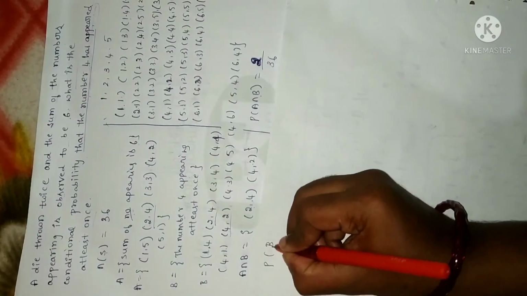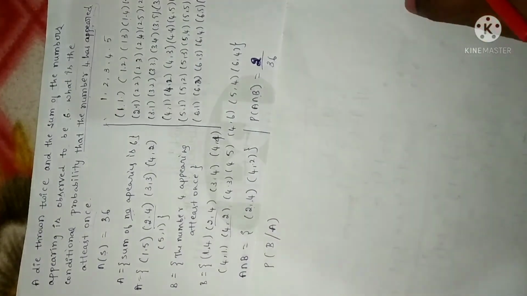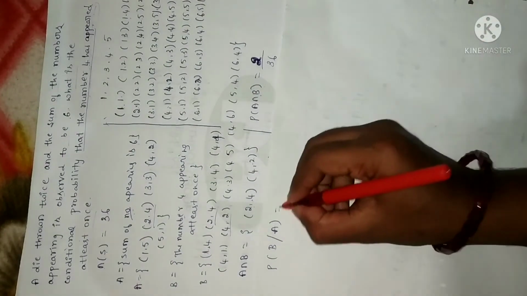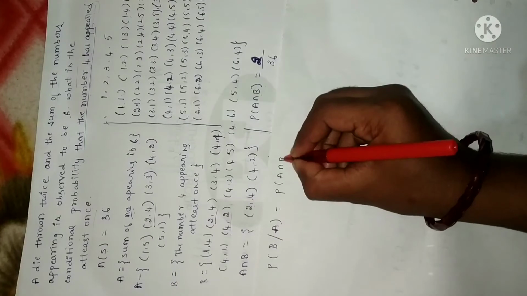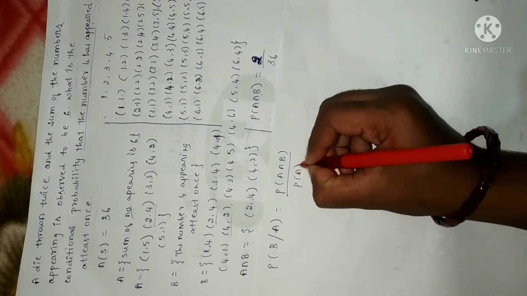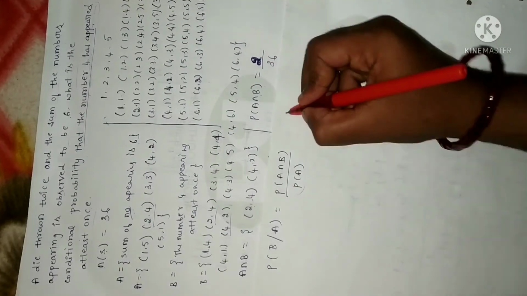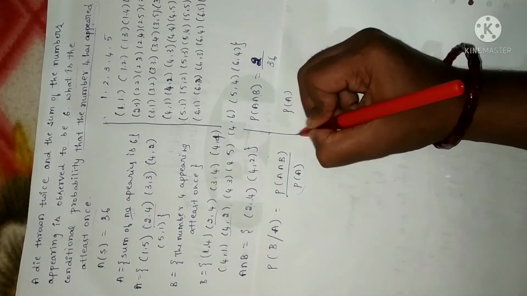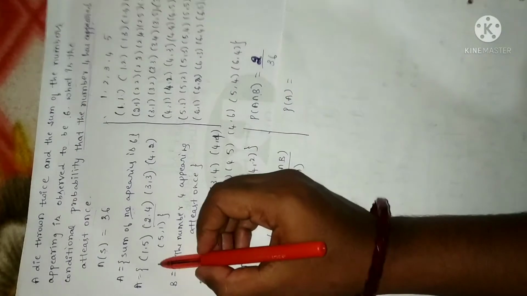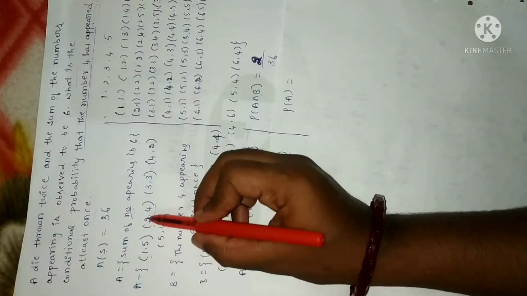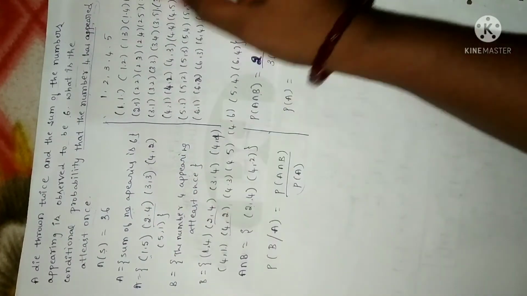We need to find the probability of event B with reference to A, which is given by the probability of A intersection B divided by the probability of A. Now anyhow we have calculated A intersection B, we need to calculate the probability of A. So how many elements do we have in set A? 1, 2, 3, 4, 5 out of 36.